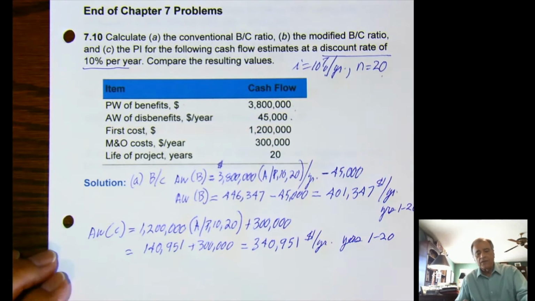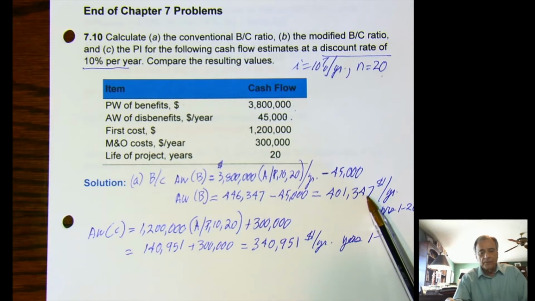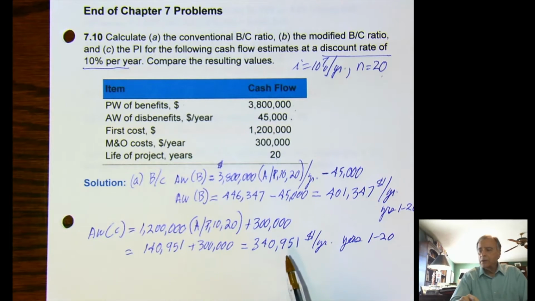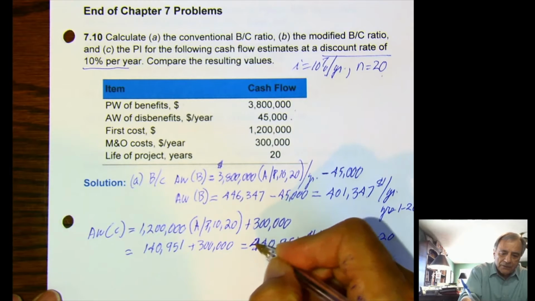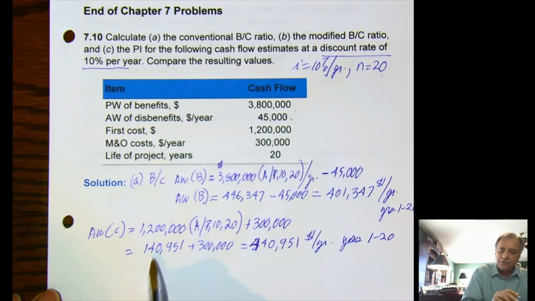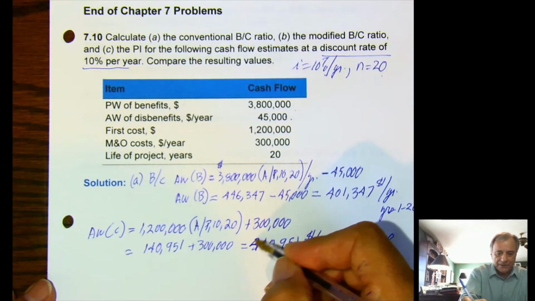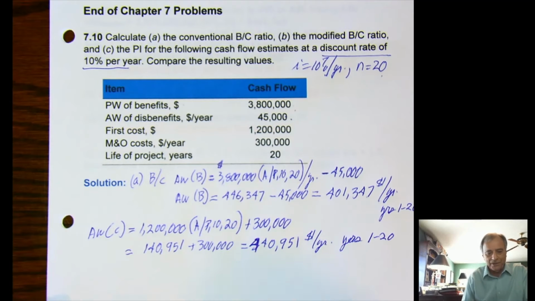So now we have our benefits and we have our cost, and we're going to do, I'm sorry, this is 440,000, 300,000 plus 140,000. So that makes a big difference because that's going to change the ratio, of course.